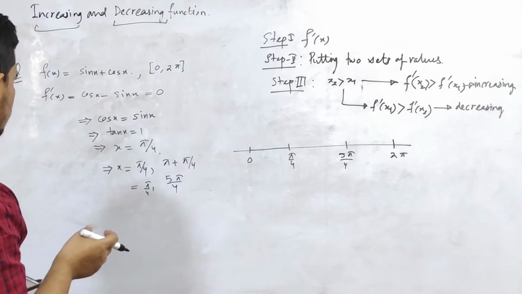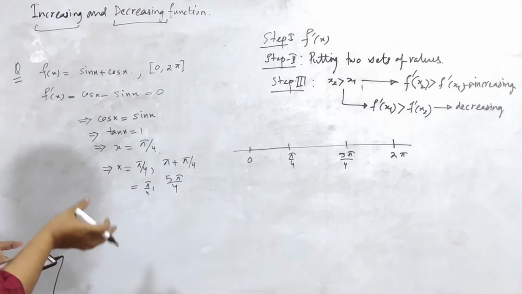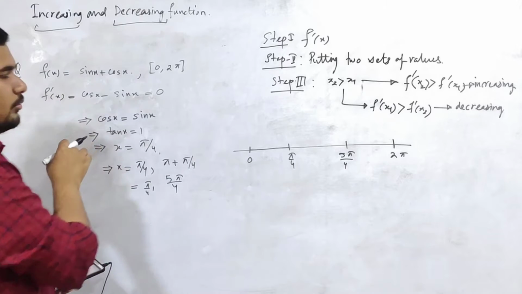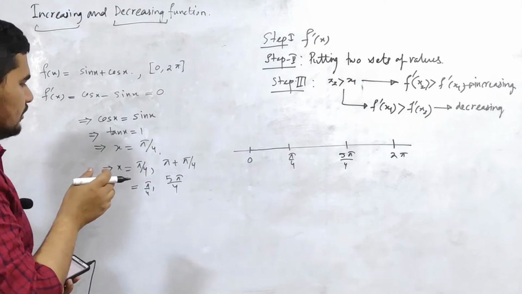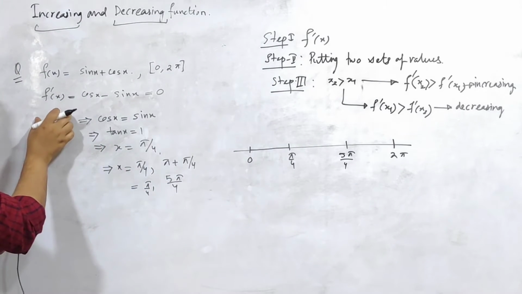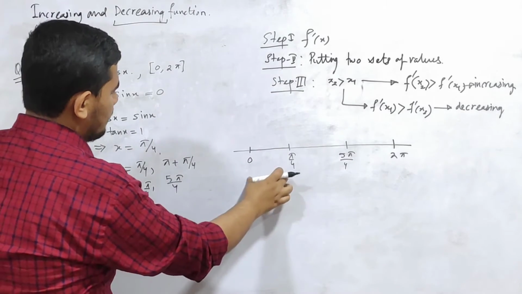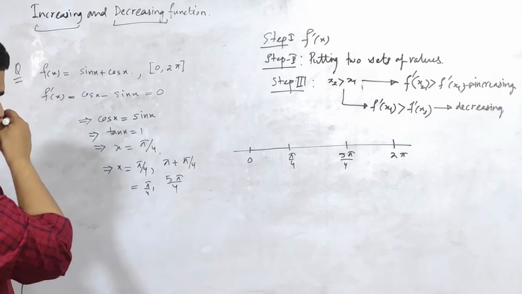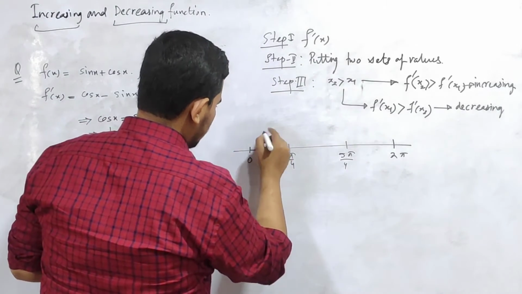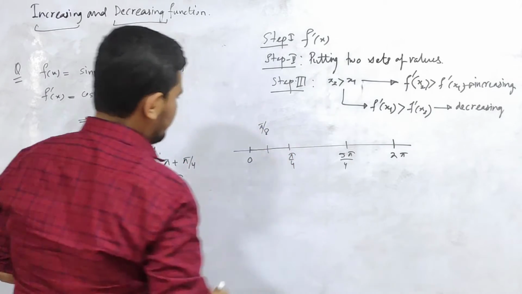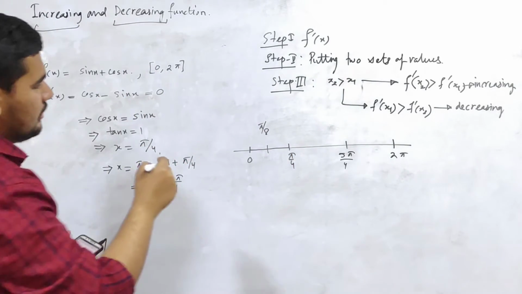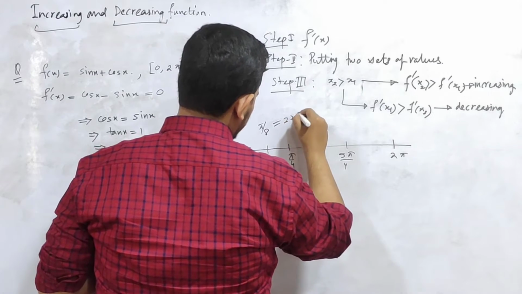But if we encounter little bit of complex functions, you can always check whether the value of the derivative is positive or negative in this region. So let's suppose I take pi by 8. So pi by 8 is basically 22.5 degrees.